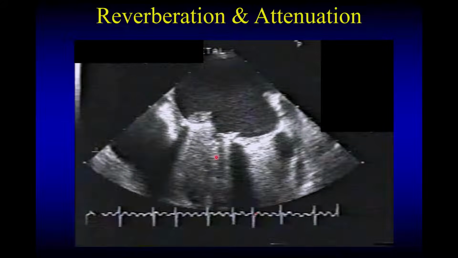Interestingly enough, this is a mechanical valve here, and you have a thrombus on top of it. This is from a transesophageal echocardiogram. And you have to think also of the ultrasound itself. What are the properties if the surface is very dense and very reflectant of ultrasound?